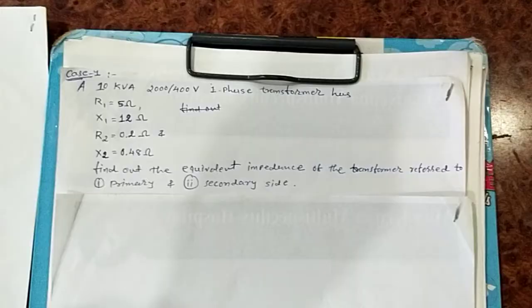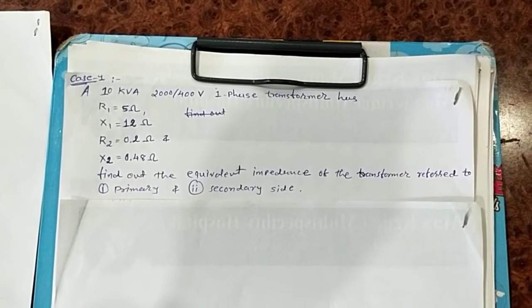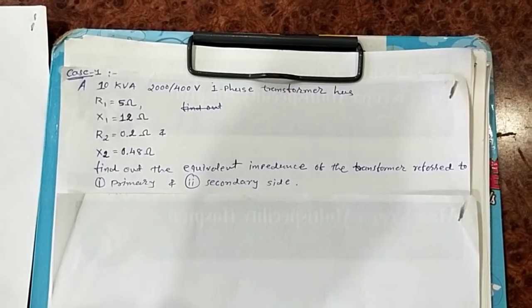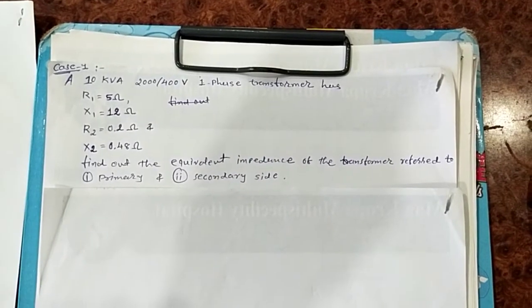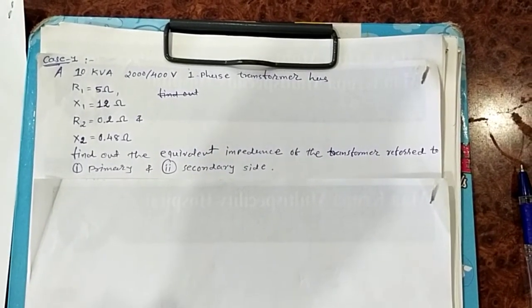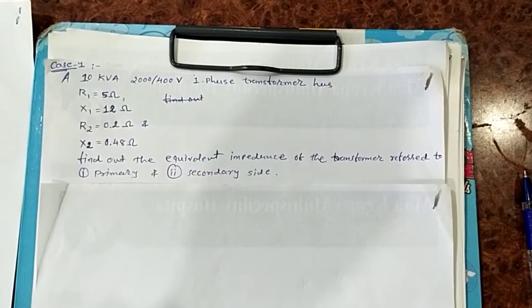Case 2: primary and secondary current on full load, how much EMF will be generated at the secondary winding, and the maximum amount of core flux produced. Now we take case 1, to find out the equivalent impedance of the transformer parameters referred to primary and secondary.